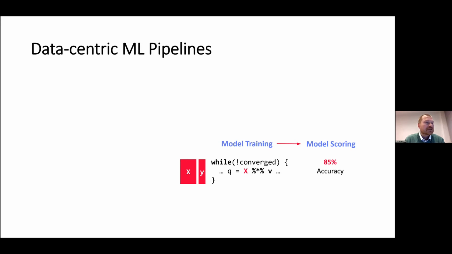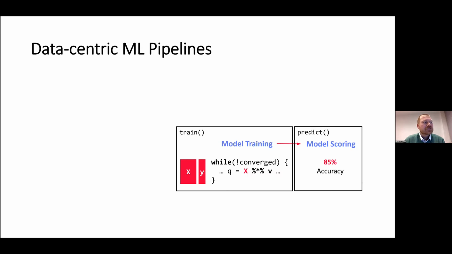a certain accuracy. Now, typically, those kinds of training and scoring procedures are used in a number of popular machine learning libraries. So we encapsulate that into a training and a prediction procedure.